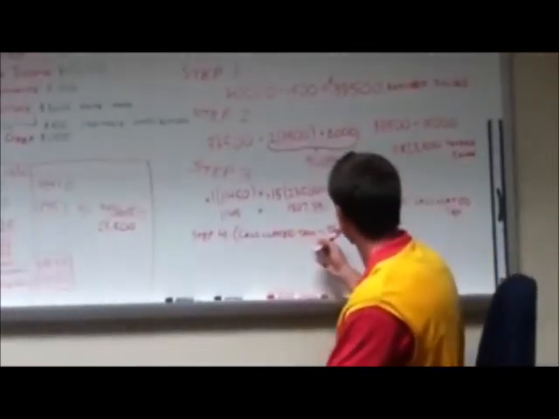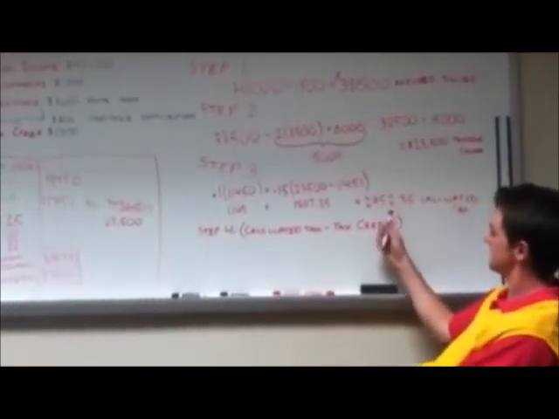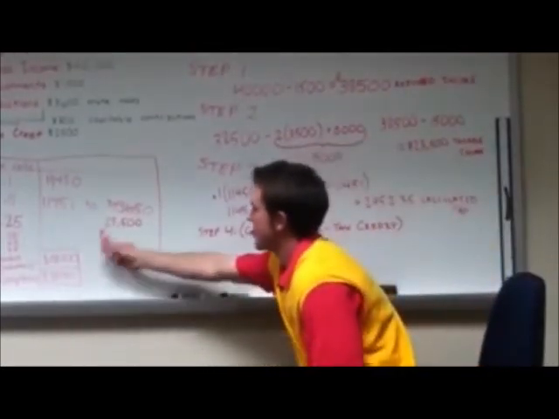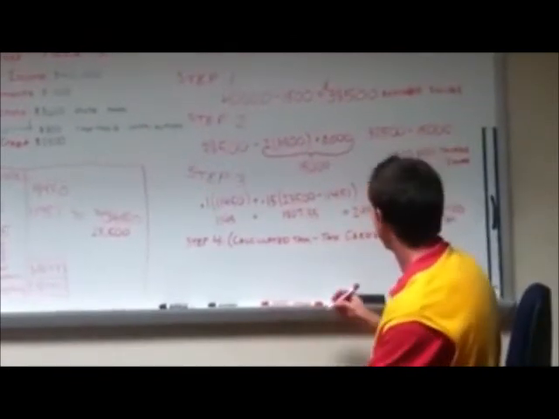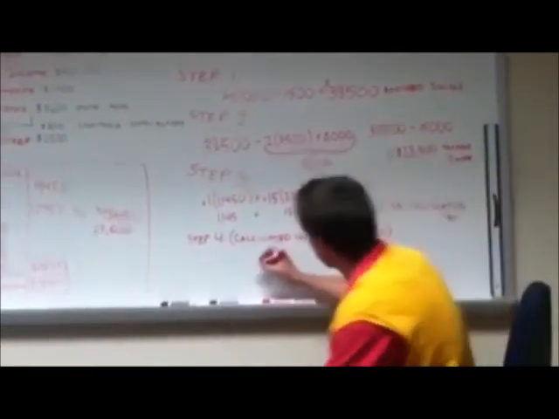On to step 4, which is pretty simple. You use your tax credit that you're given in the beginning. So you take the calculated tax minus the tax credit.